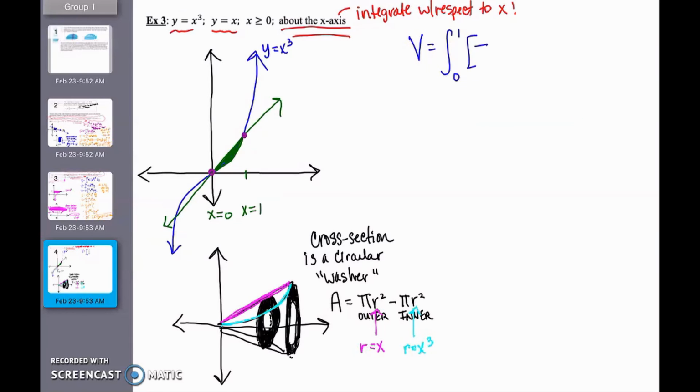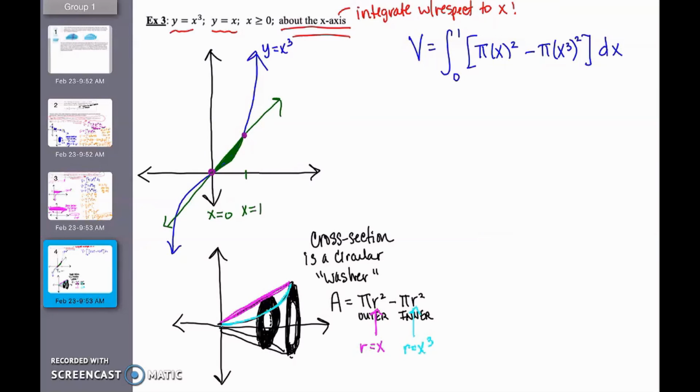So it's going to be our first area, our outer disk, which is pi times the radius squared, minus, and we have to subtract off the hole in the middle for our washer, which is going to be the smaller circle that's created by pi times x cubed squared. And then if we were to drop one of these washers flat, then our height would be our dx.